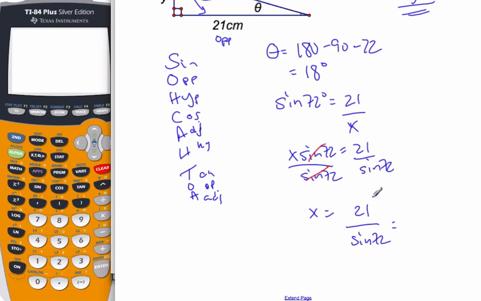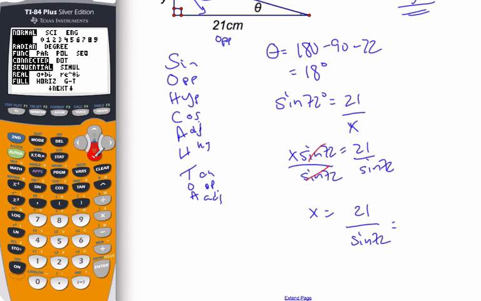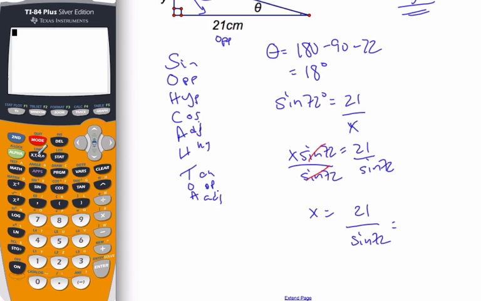We can use our calculator to calculate this. So I'm going to go to my calculator and go to mode first, and I have to make sure that my mode is in degrees. Okay, change it to degrees. And then I can just type in exactly as it's written. I'm going to put it into a fraction. Here's a quick little fraction tip. Fraction, I want 21 on top, and I want this to be sine of 72.